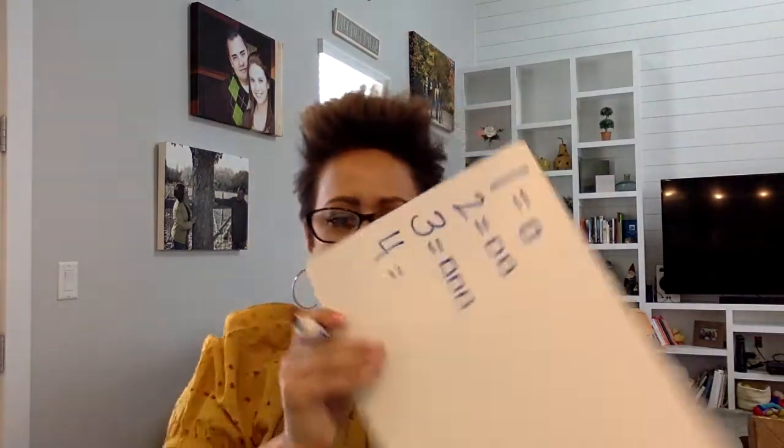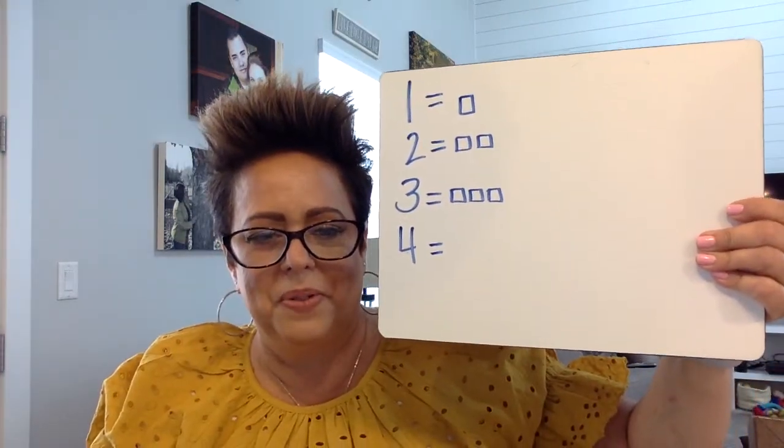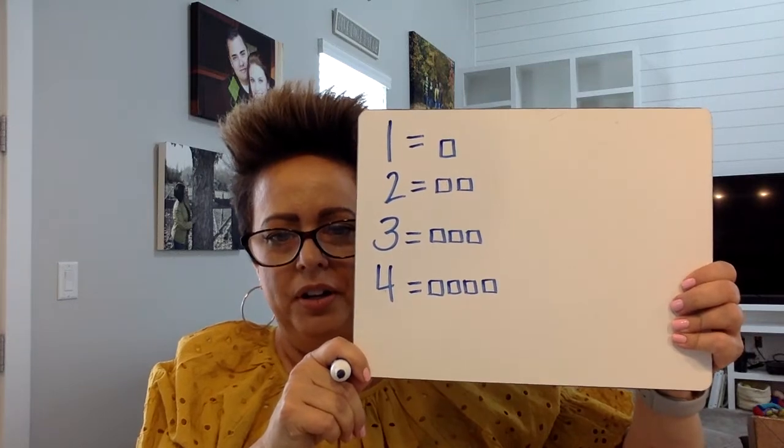Okay, so let's try the number 4. Draw a 4 and an equal sign. How am I going to show the number 4 with my cubes? You do it. Show me 4 with your cubes. Okay, you're going to have 4 cubes. How am I going to show the number 5? Put a 5 and an equal sign.